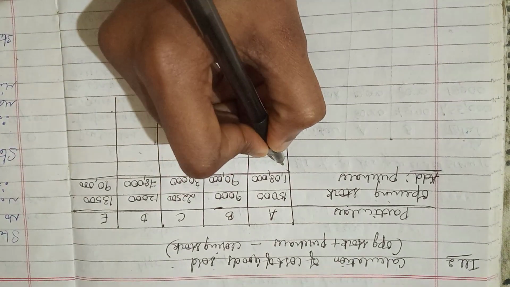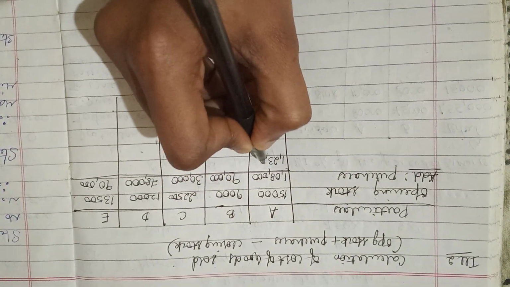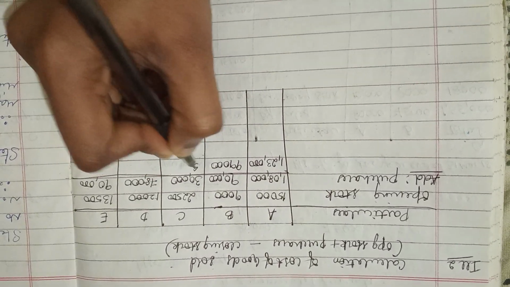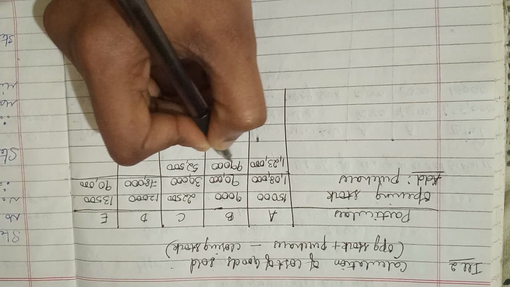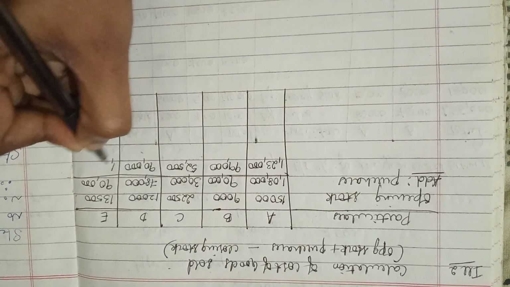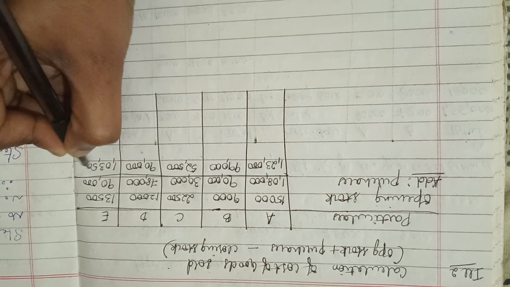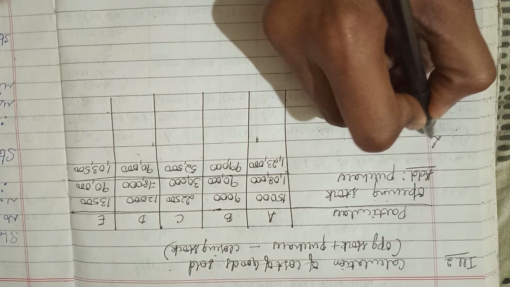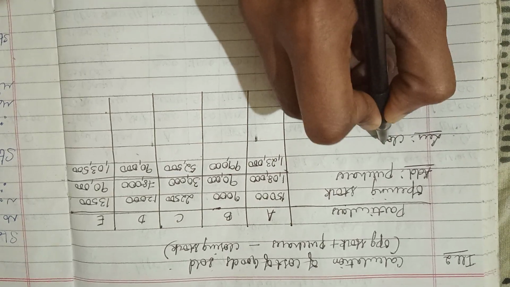Please use your calculators. We get 1,23,000, 99,000, 52,500, 90,000, and 1,03,500.